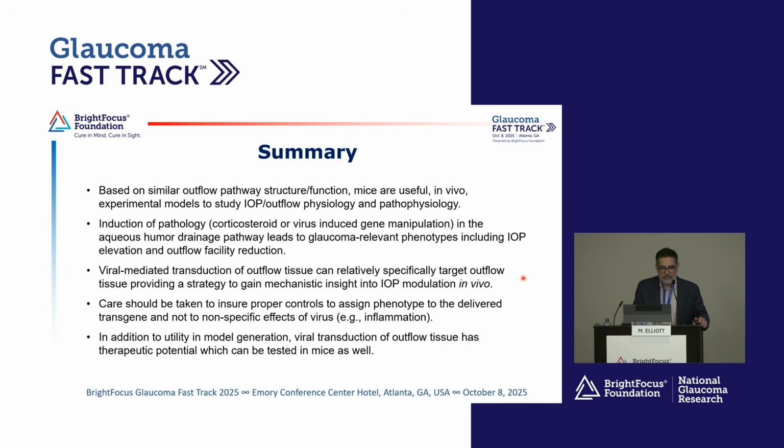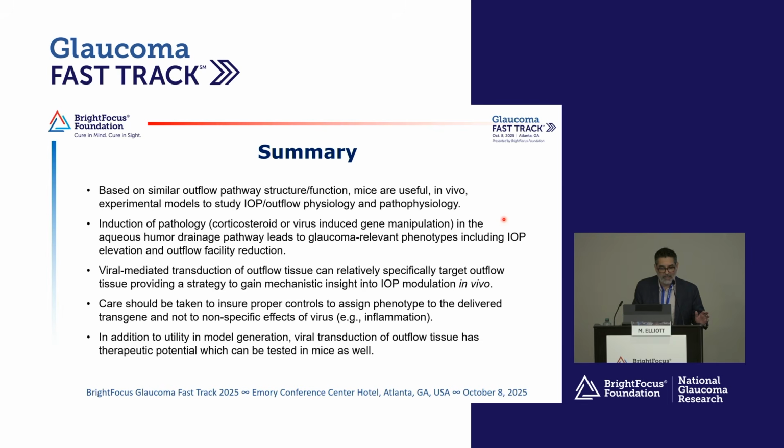So with that, based on the similar outflow pathway structure and function, mice are useful in vivo experimental models to study IOP outflow physiology and pathophysiology. Induction of pathology, in the case I presented corticosteroids or virus-induced gene manipulation, in the aqueous humor drainage pathway leads to glaucoma-relevant phenotypes, including IOP elevation and outflow facility reduction.